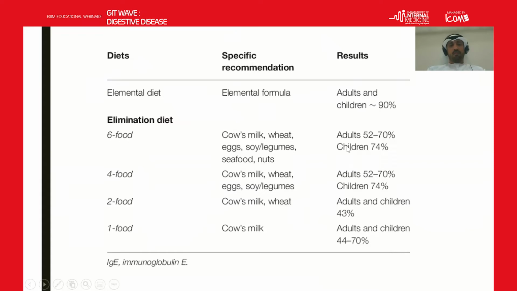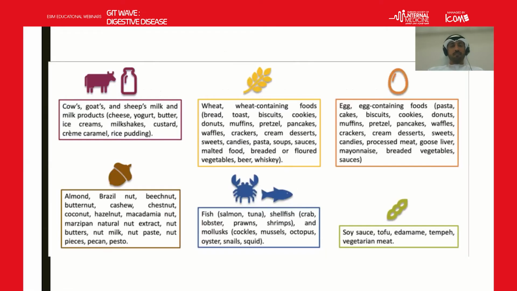In the 6-food elimination diet, the patient should stop taking cow milk, wheat, eggs, soy, legumes, seafood, and nuts. These are the components of the 6-food elimination diet that the patient should be strict on.